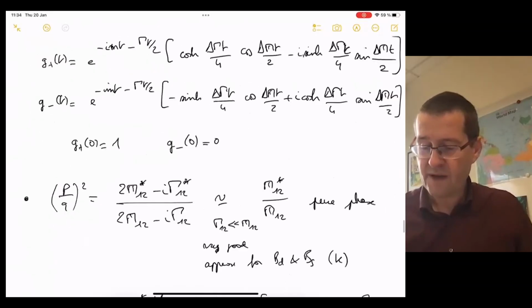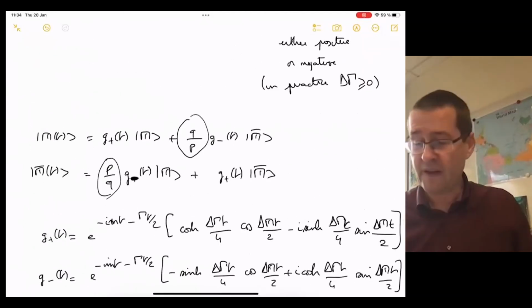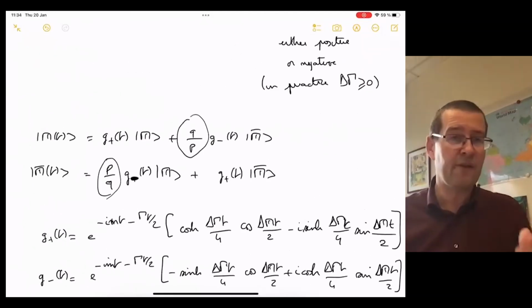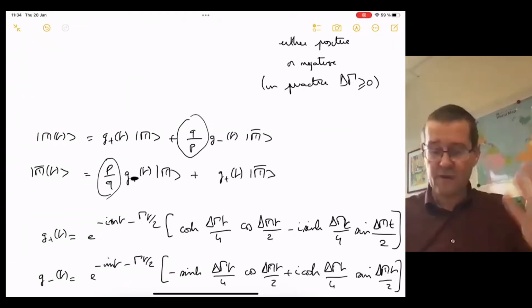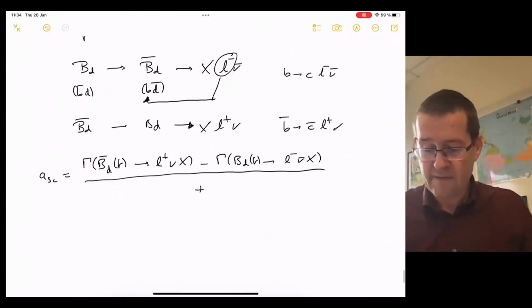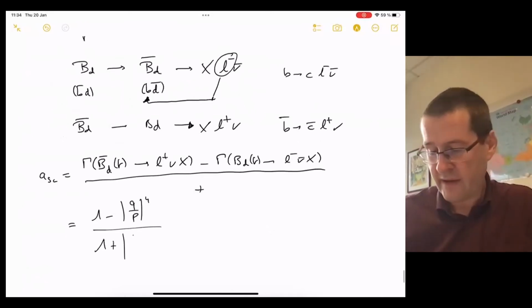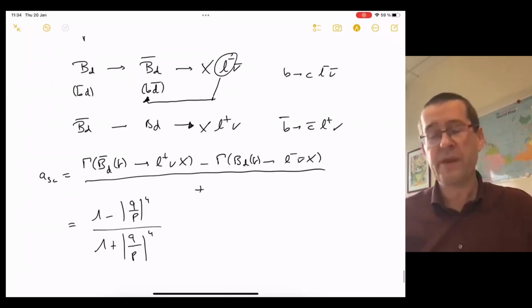Here, you see that you have a P over Q here and a Q over P here. So this is at the level of the amplitudes, and then you take the square. So in the end, when you're writing down what's going on, you will end up with something involving Q over P to the fourth.